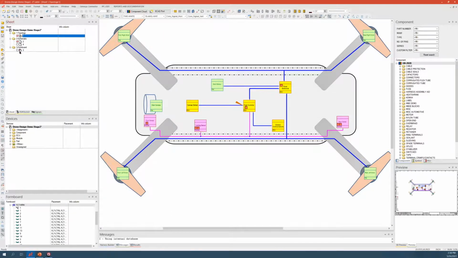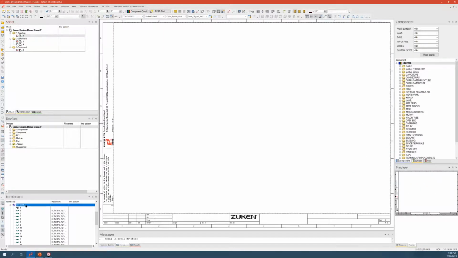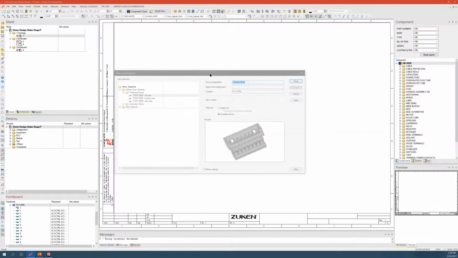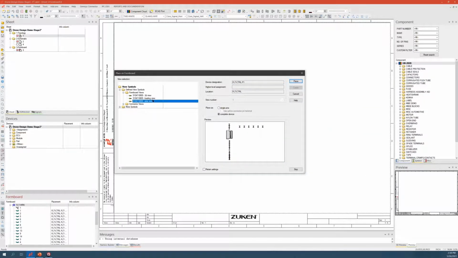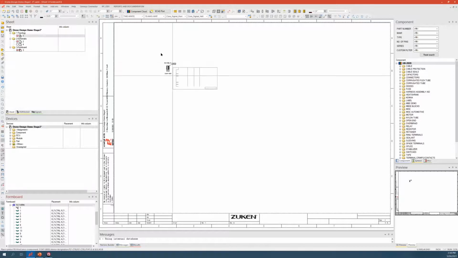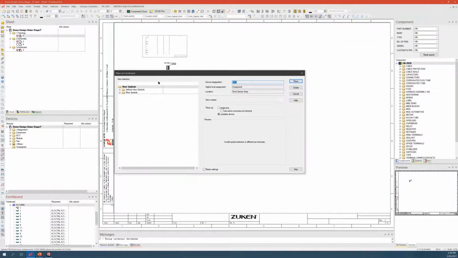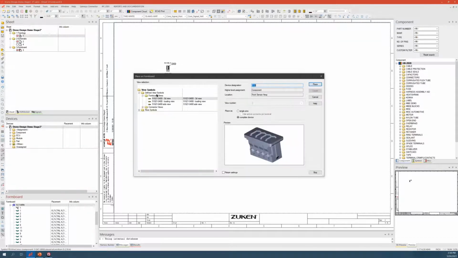And in our form board application, we are able to go and place on form board, and that will give us this neat little trick where we will be able to get every connector, every point of connection that needs to be made, and we can go and place that inside the form board, which is the 1-to-1 scale harness manufacturing drawing, and make sure that those connections are made.